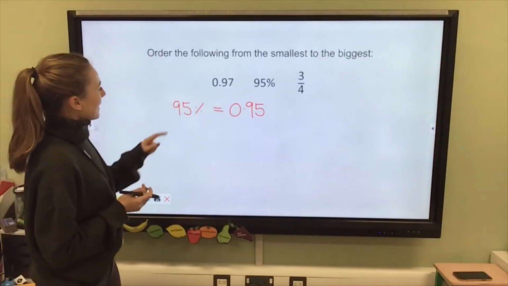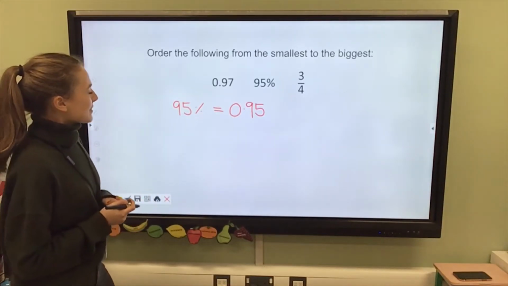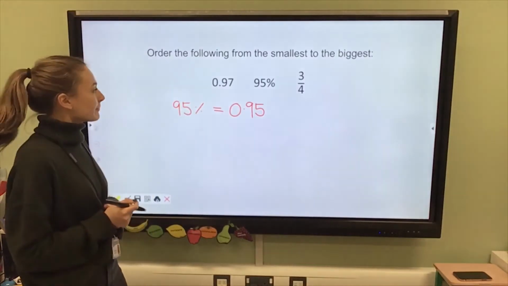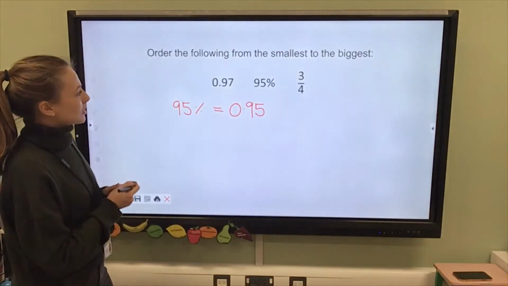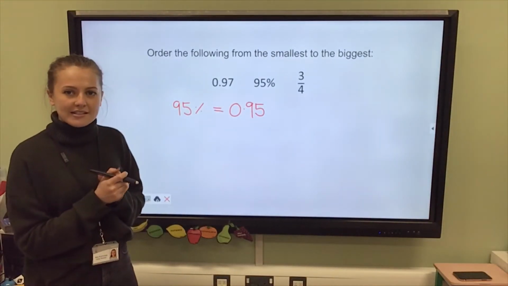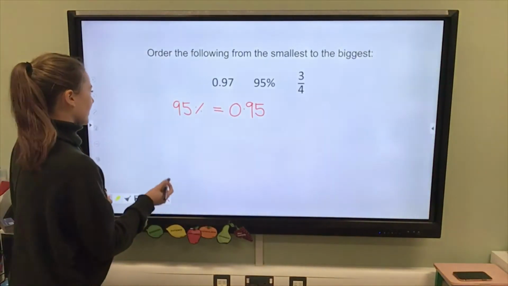Okay, so I now have 0.97 and I've got 0.95, so I can see that my 0.95 is the smallest at the moment. Okay, but what about 3/4? Okay, how would I go about making that into a decimal, do we think? We can use our short division method for this.